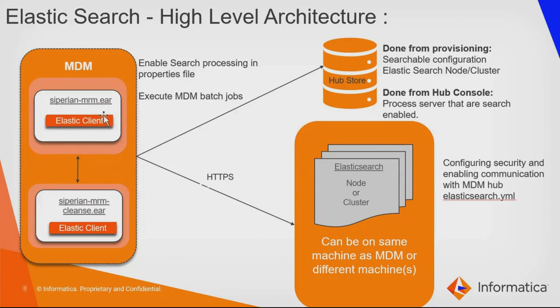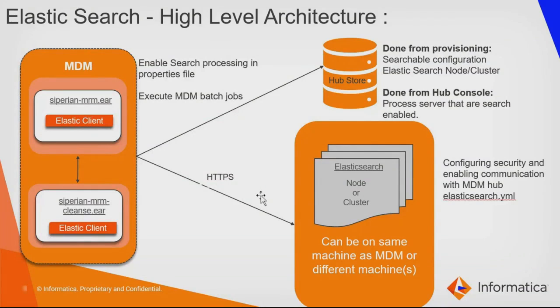Here you can see that we have an Elasticsearch client on the hub server and the process server. Basically, it's a piece of code which monitors the activities happening on the hub server and the process server, and accordingly it makes the call to the ES server that's registered inside the ORS.